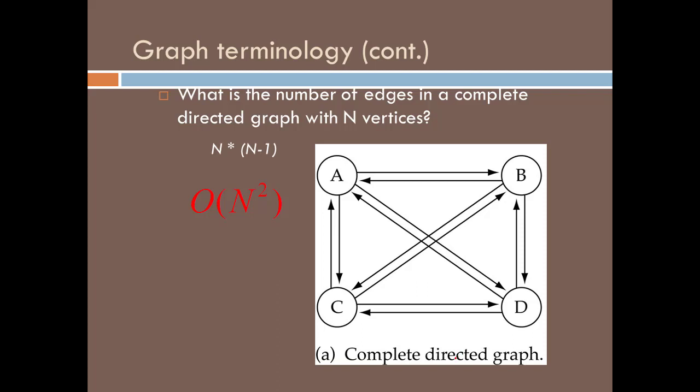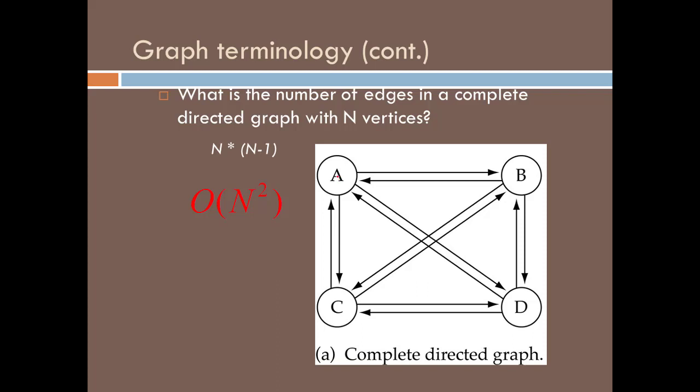This is an example of a complete directed graph. We have a graph here in this picture consisting of 4 nodes, and there are different edges connecting each node. So we have a path from every node to every other node.